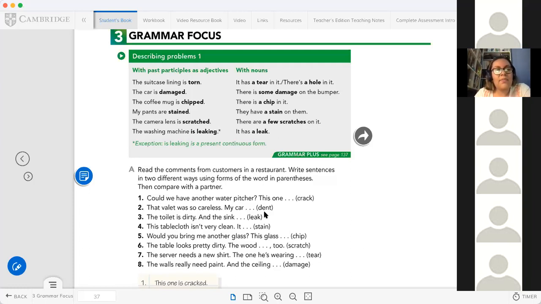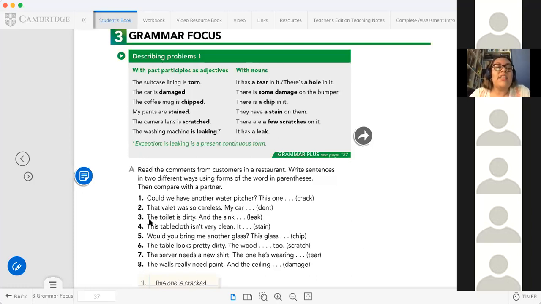My car is dented. My car was dented, sería lo mismo. Para el sustantivo, ¿cómo quedaría? My car has a dent. Si observan los ejemplos de sustantivos, es has o de lo contrario es there is. There is a dent on my car. Pero como aquí ya nos dan el inicio de la oración, tendría que haber sido has. Okay, my car has a dent.